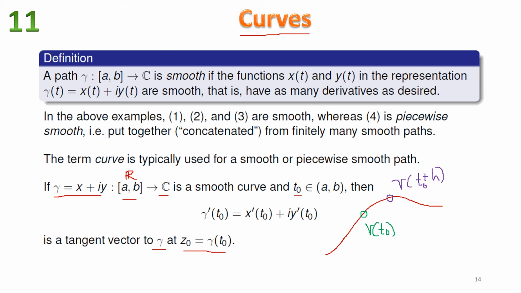Now the quantity gamma of T0 plus h minus gamma of T0 will be a vector quantity which is represented here like this.